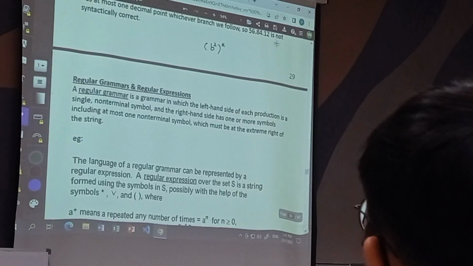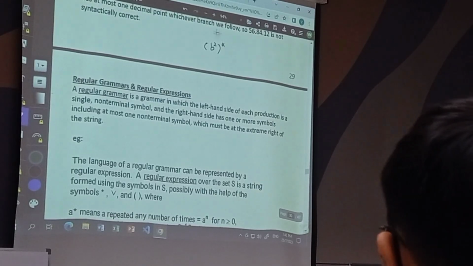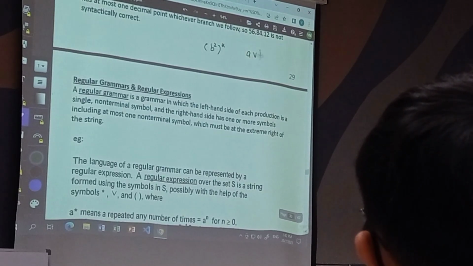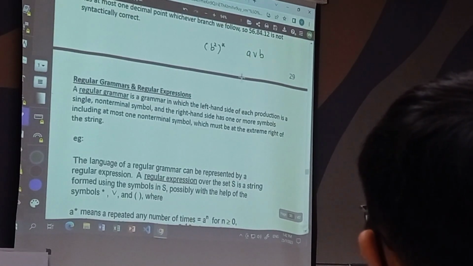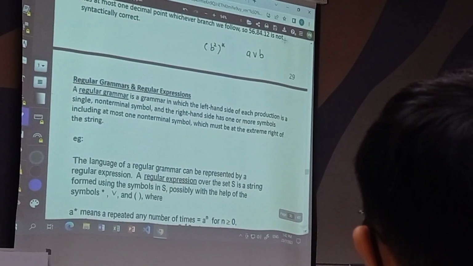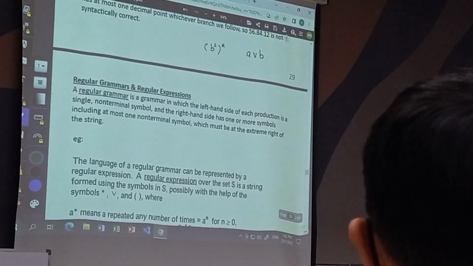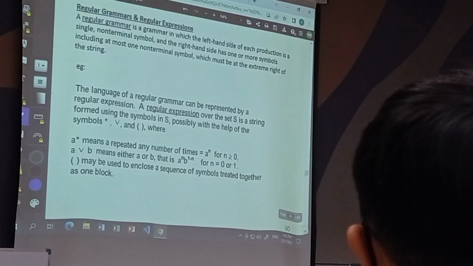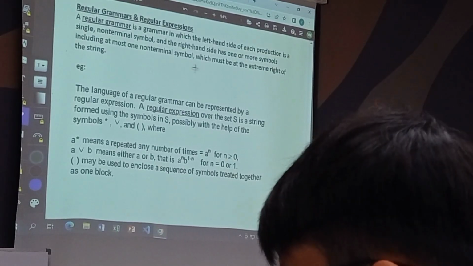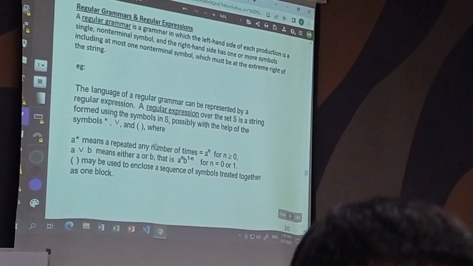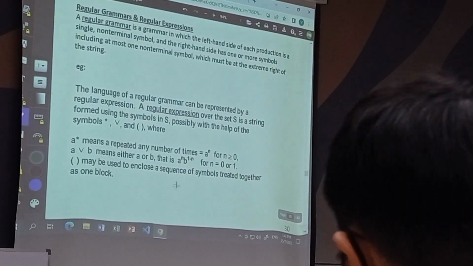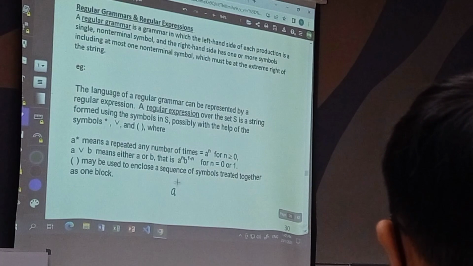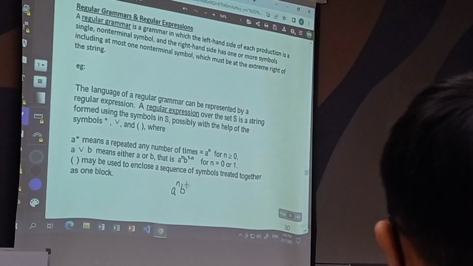Another one is if it is an alternative, let's say you have A or B, so you can put A or B like this. So we will look at the example, how do we write the language later on. And then instead of you use the A or B, there is another way which you can put, which is A to the power n, B to the power 1 minus n.